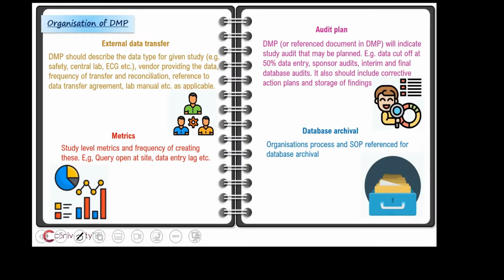Then comes the metrics. The DMP would typically involve the study level metrics that are being used and the frequency of creating those metrics. For example, queries which are open at the site for a very long time, or a data entry lag, that is the time between when data is first collected and the first time it is entered in the EDC.